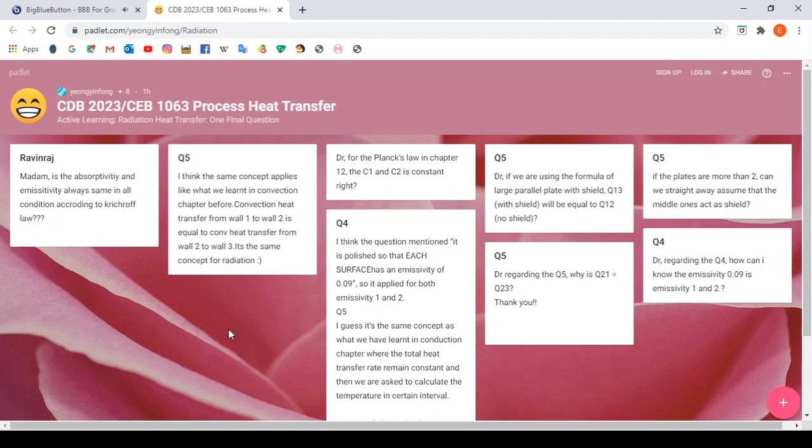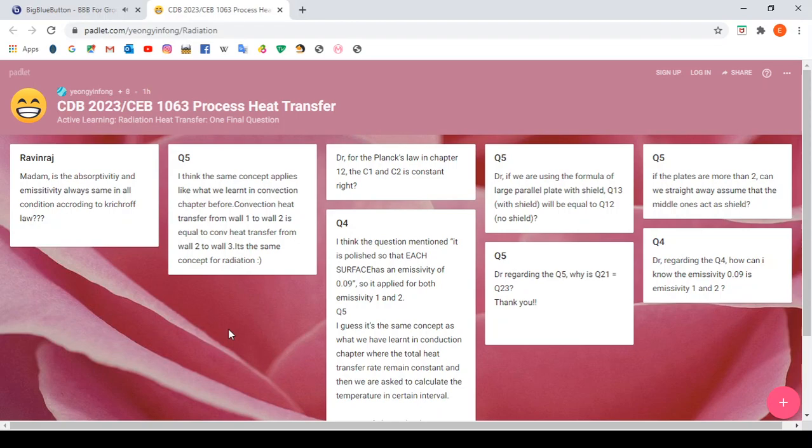So you have to check the questions. Before you apply this law, you have to make sure the radiation comes from the black body. You can double check the slides, the definition in the first line of the slide for Kirchhoff's law.